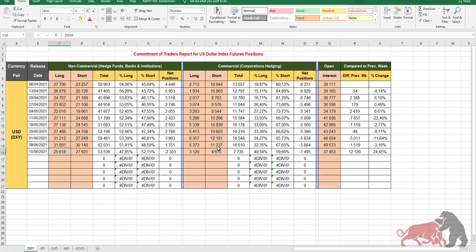But the interesting number is coming right here on their short exposure. They've taken a big chunk of profit on their short exposure, meaning they are looking to go long big time on dollar index. They're not looking for any short positions right now, the commercials, because you can see they've already taken off like 7,000 from their short exposure, meaning they've taken profit. That means dollar is going to trade to the upside.